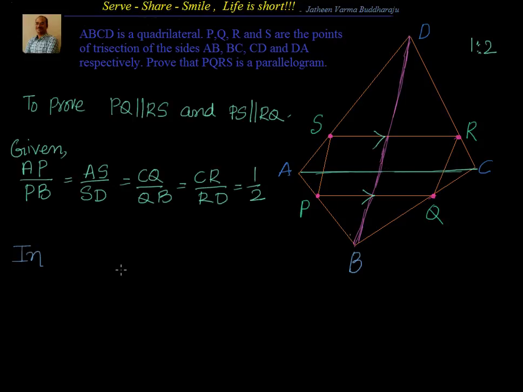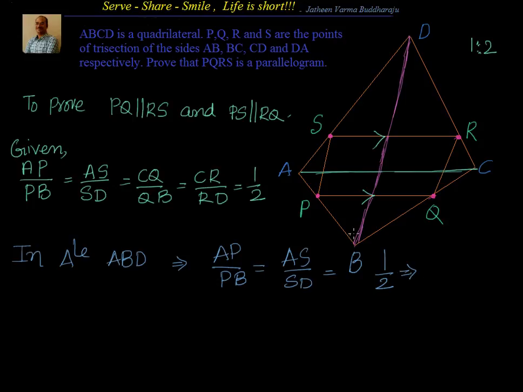I have to take the triangle ABD. In triangle ABD we have AP by PB is equal to AS by SD, which is equal to 1 by 2. That means PS is parallel to BD.